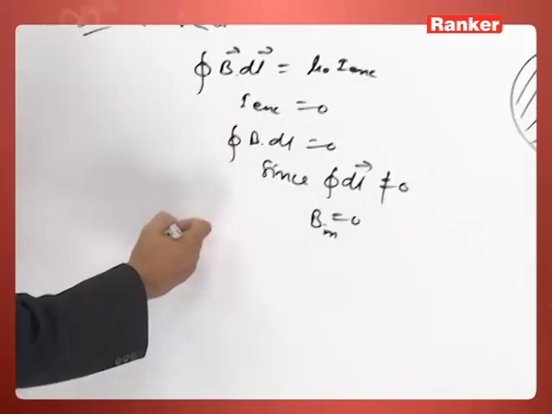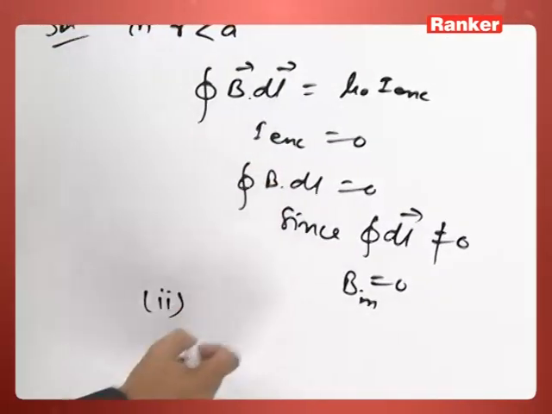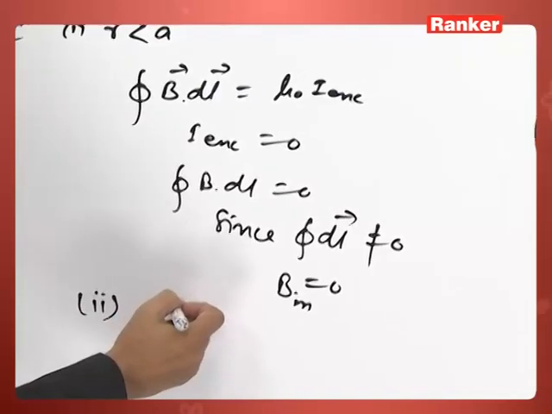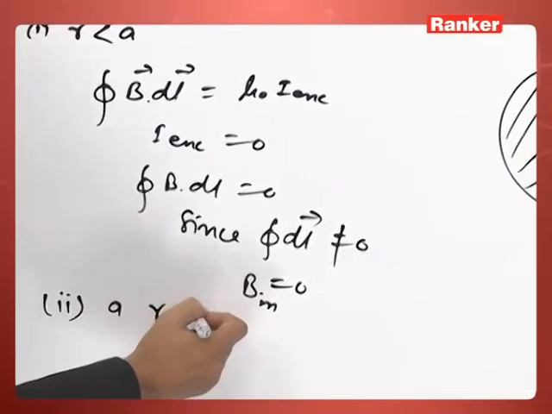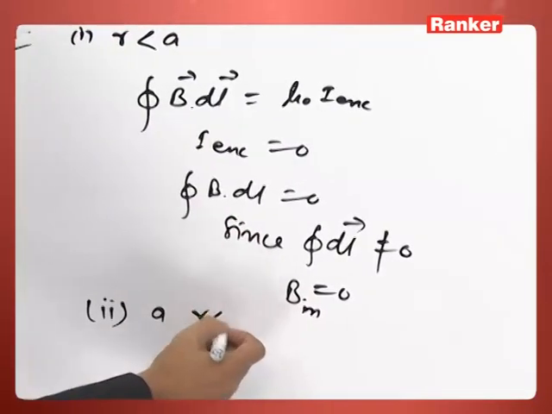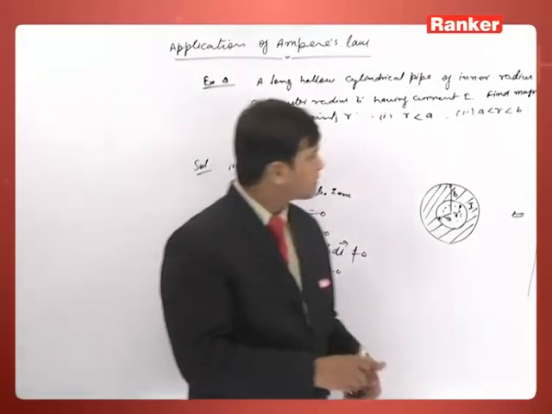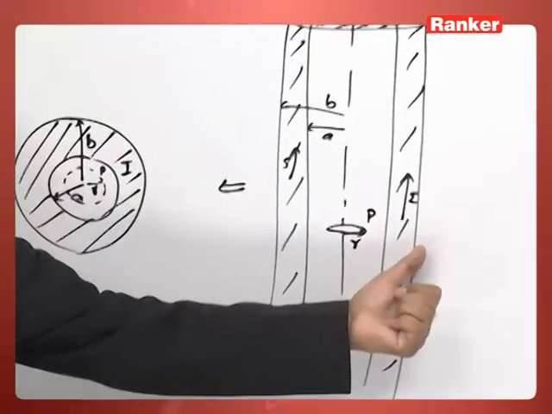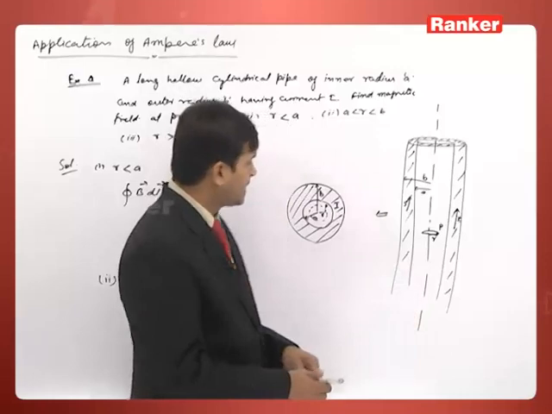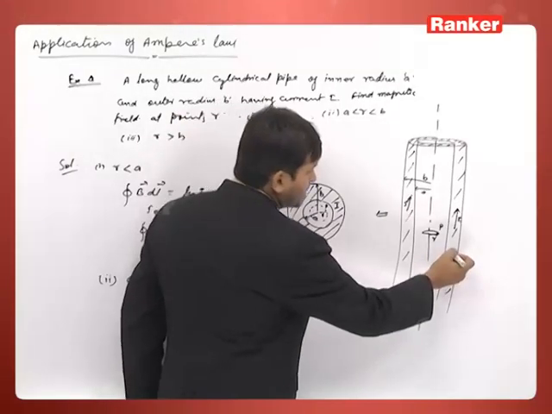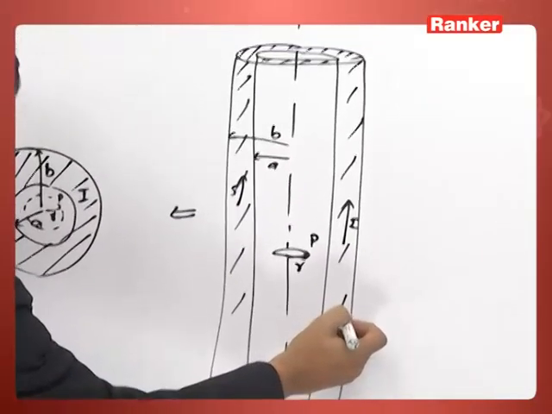Similarly, for the second case, R is less than B and greater than A. It means our point lies between the inner and outer surface. Suppose point P is here.